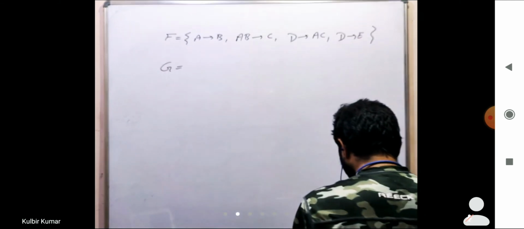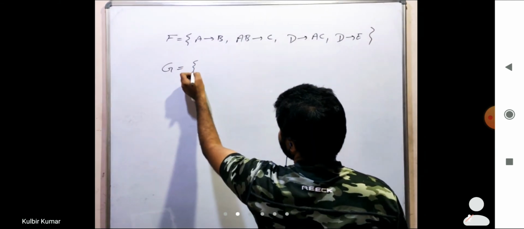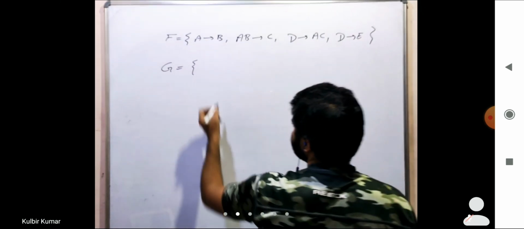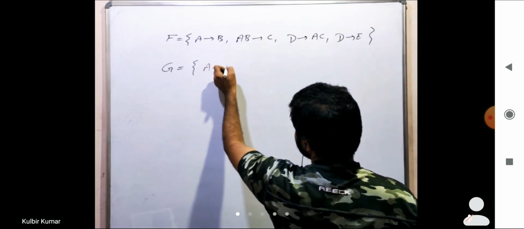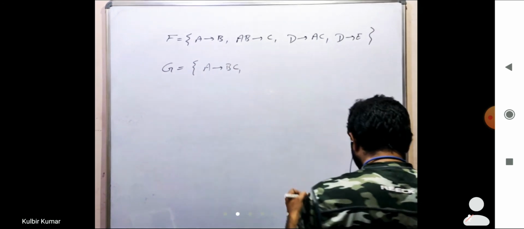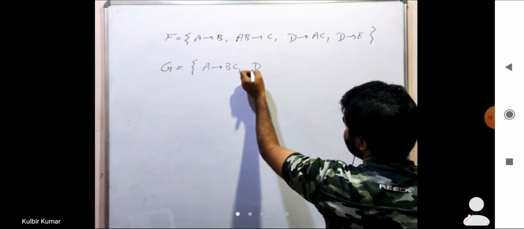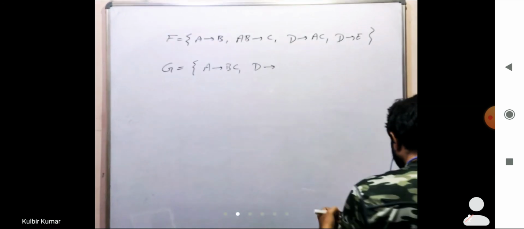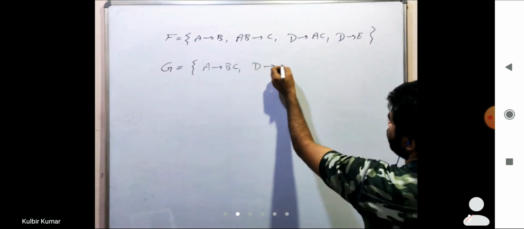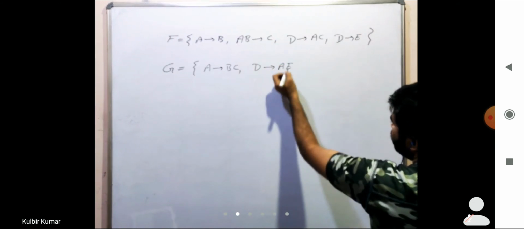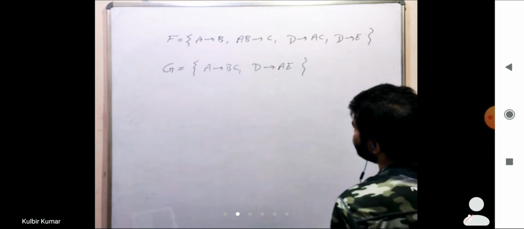G is A goes to BC, and D goes to AE. These are the two functional dependency sets that are given.